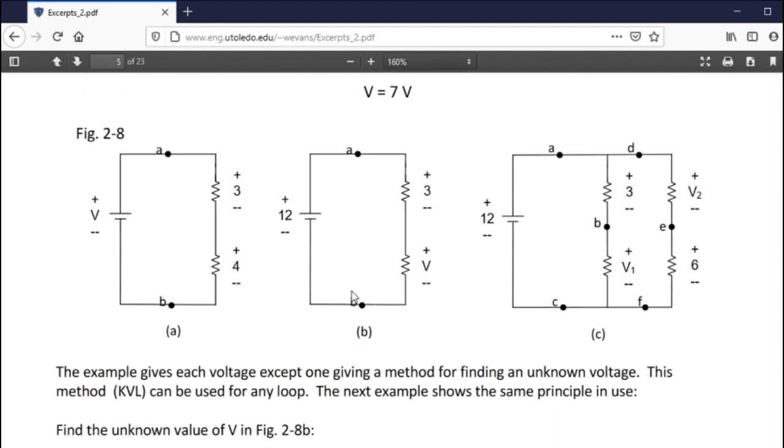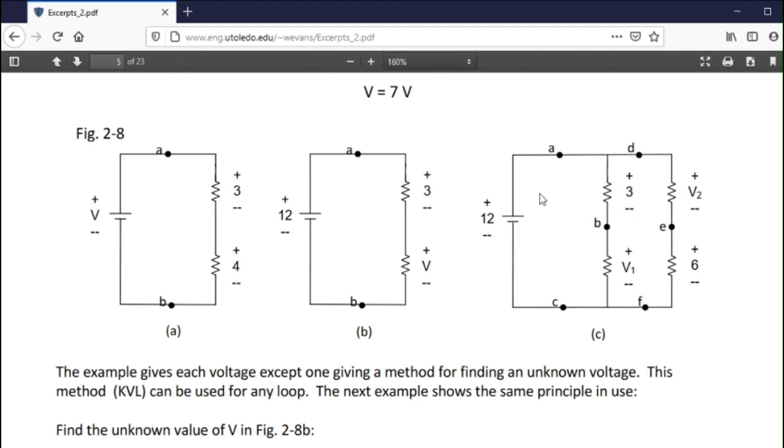Here, how many closed loops do I have? Well, I have this loop, I have this loop, and I have this loop. I have 3 loops here if I want to, but I'm going to find out what questions they want to have asked.